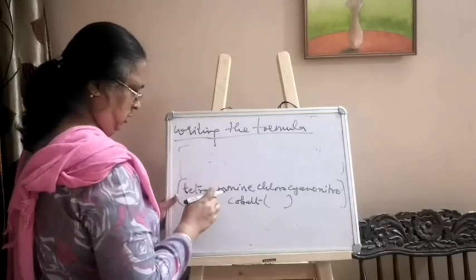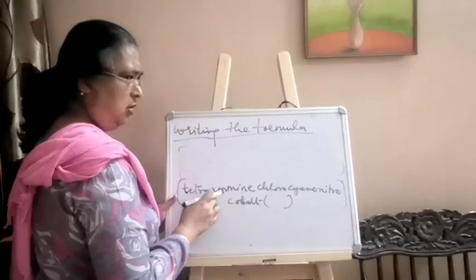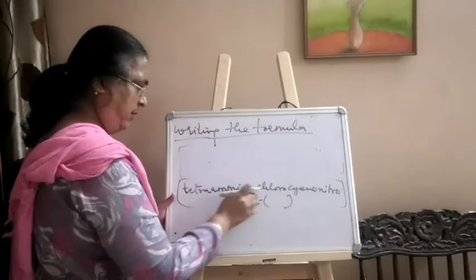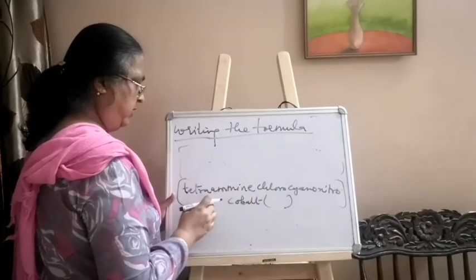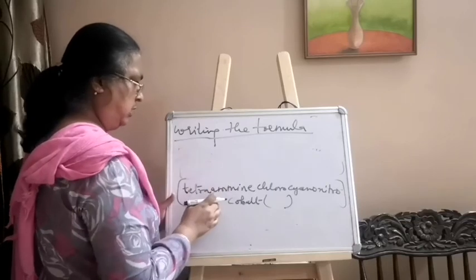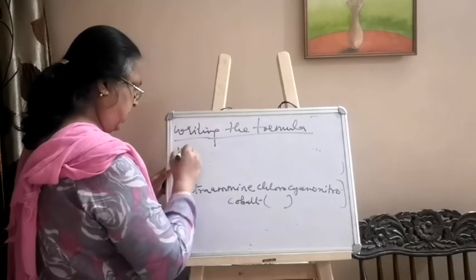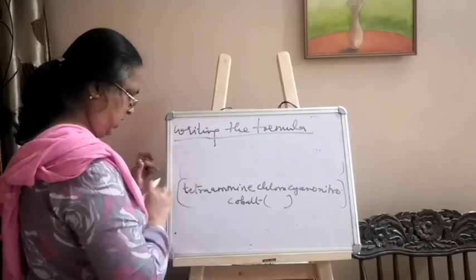You will write the names alphabetically. But when we write the formula, we start with the ligands inside the complex entity. If potassium is here, you write K and all, whatever; I am not taking that part.